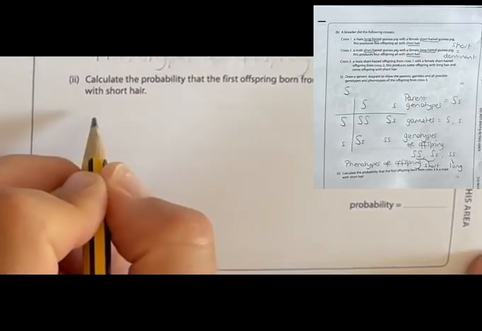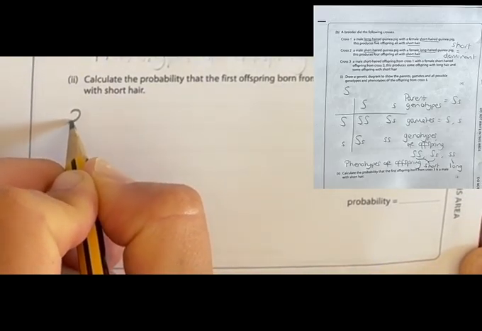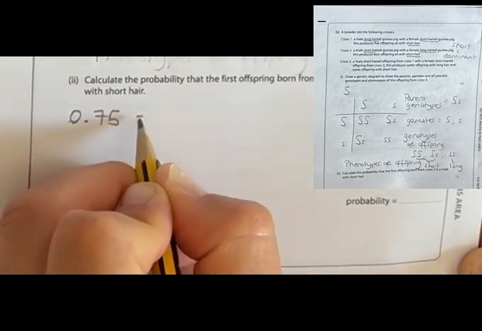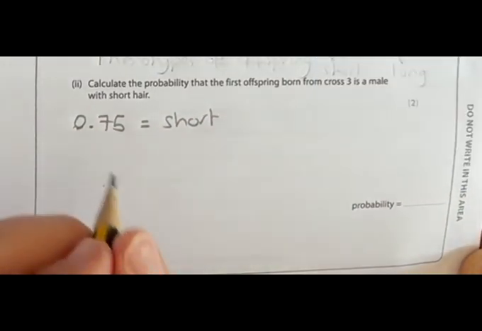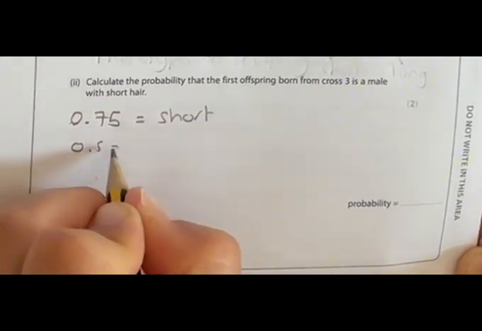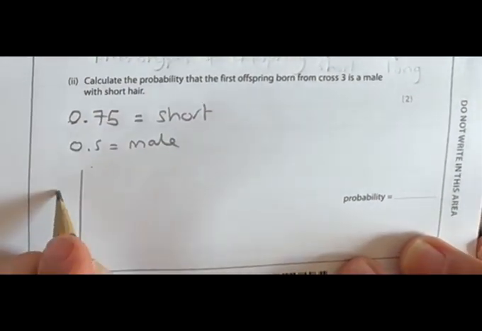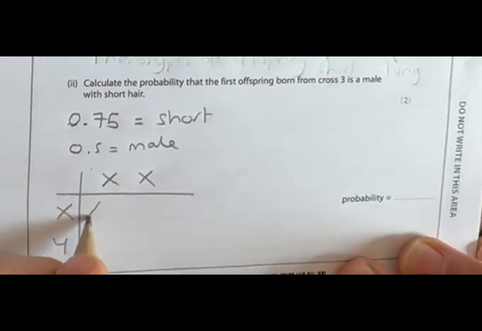The next part of this follows on nicely, and we're asked to calculate the probability that the first offspring born from cross B is a male with short hair. So if we refer back to what we just calculated, we can see the chance of having short hair is 3 out of 4, or 0.75. We know that the probability of being a male is 0.5, and if you don't know that, here's just the Punnett square explaining how that happens.